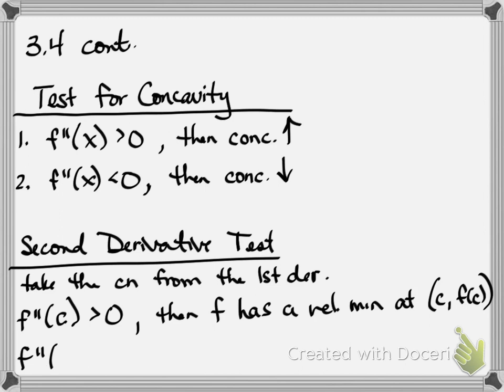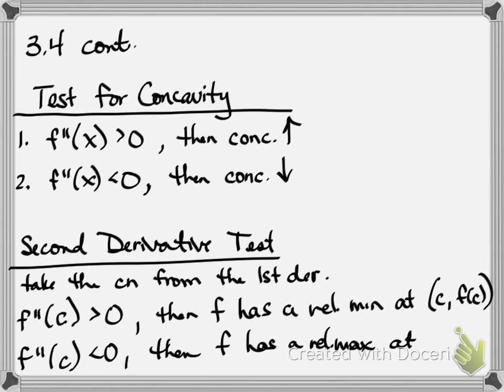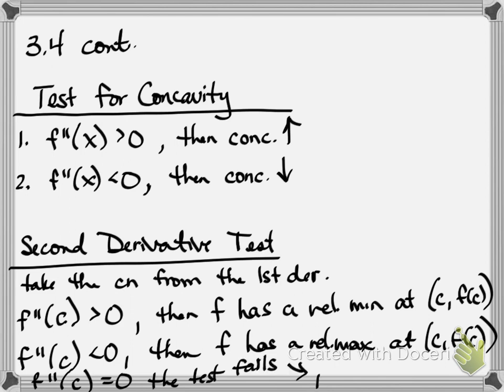And if the second derivative is less than 0, then f has a relative max at c, f of c. Okay. And if the second derivative of c equals 0, then the test fails, and we need to do the first derivative test to figure out mins and maxes.